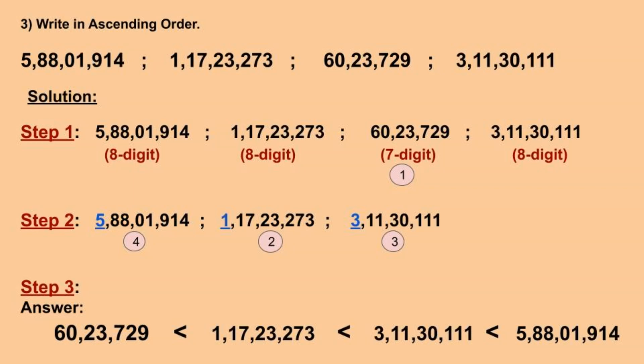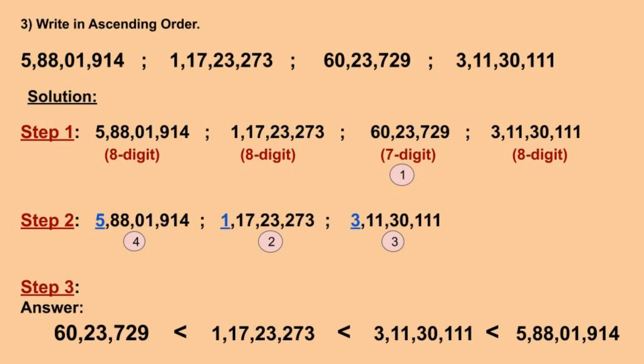I have underlined those numbers. Which is the smallest number? 1 crore 17 lakh 23,273. That comes the second smallest among the 4 numbers. 3 crore 11 lakh 30,111. That comes the third smallest, and the last, 5 crore 88 lakh 1,914, is the largest.